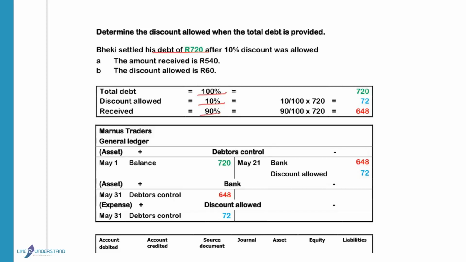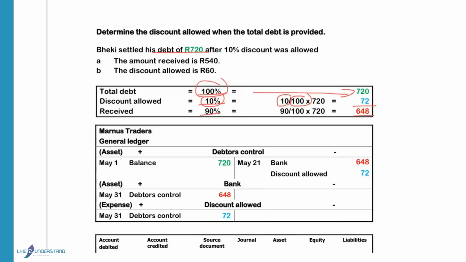The total debt is given as 720, so the 100% equals 720. The discount is the percentage that we want, 10, over the percentage that we know, 100, times 720, and that will give us 72 rand.